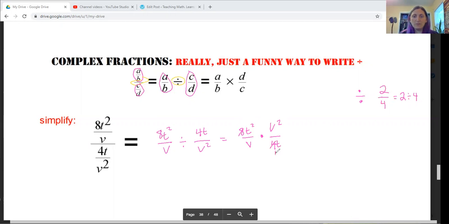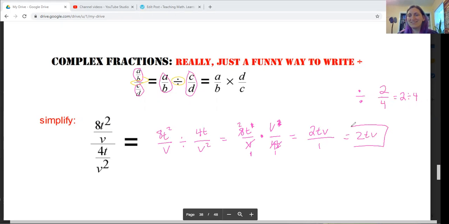The 8 and the 4: the 4 becomes a 1, the 8 becomes a 2. We have the t going away, and this becomes a t to the 1, because it takes one away. The v goes and becomes a 1, and this just becomes a regular old v. What's left? We've got 2 t to the first v, so 2tv over 1, so it's just 2tv.